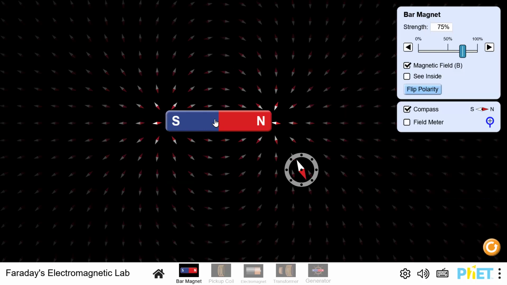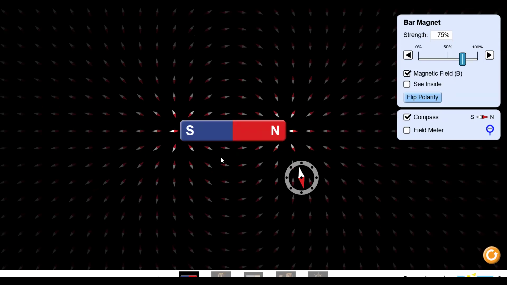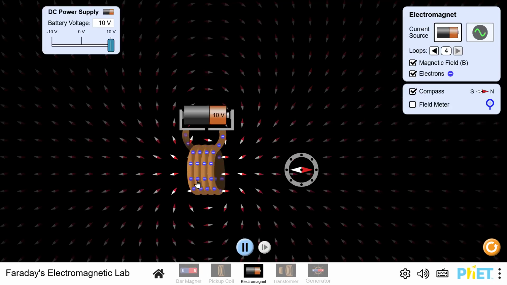We found that there are two ways of creating electron flow. One is by using batteries, and one way is by using a magnetic field.